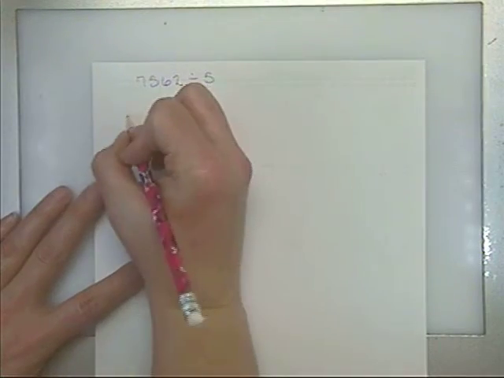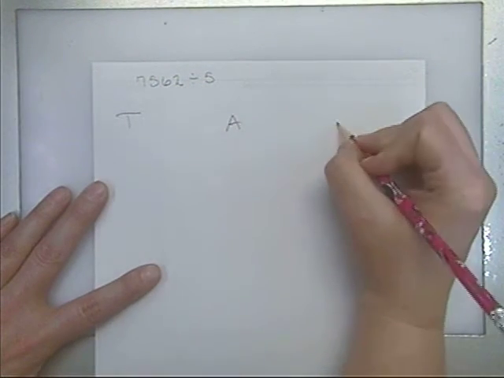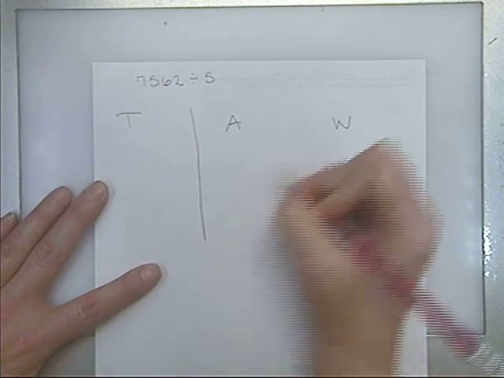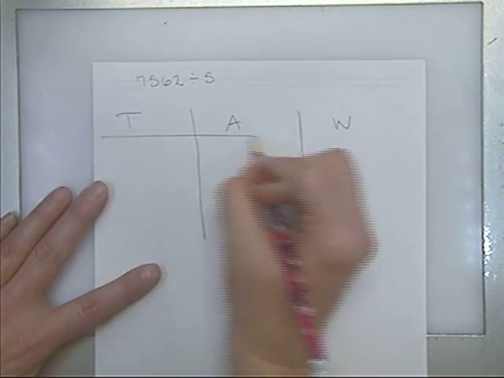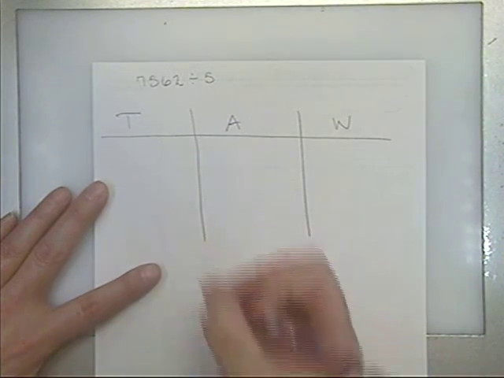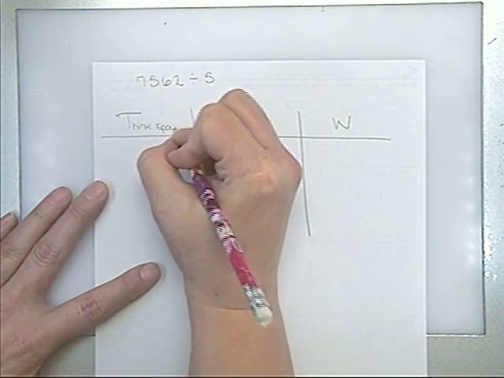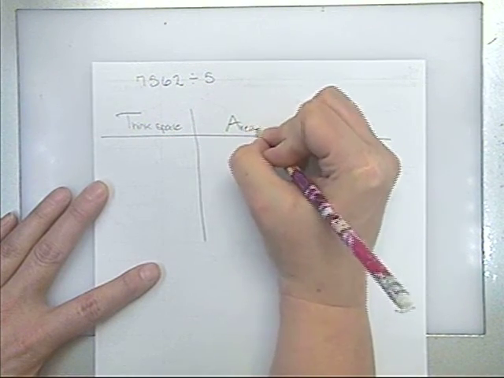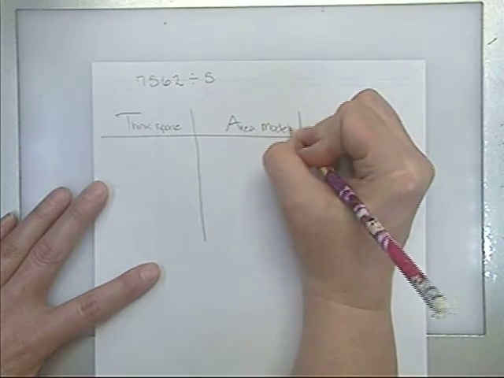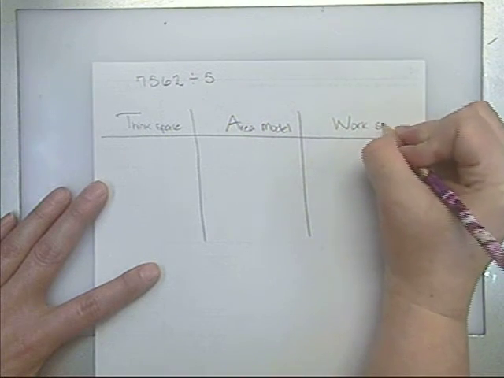The TAW model is different because it teaches students to set up an area model so they understand why they are solving. This is their think space. This is the area model. And this is the workspace.